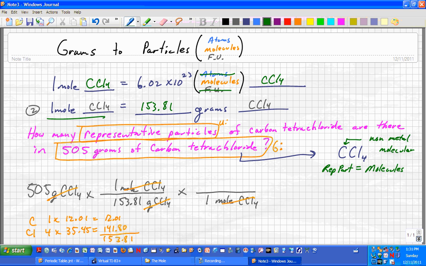All right, so that means on top is going to go 6.02 times 10 to the 23rd molecules carbon tetrachloride. At this point, I'm left with molecules. That's what I was looking for.